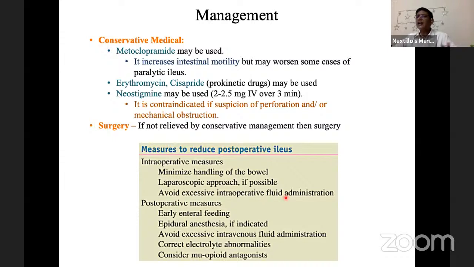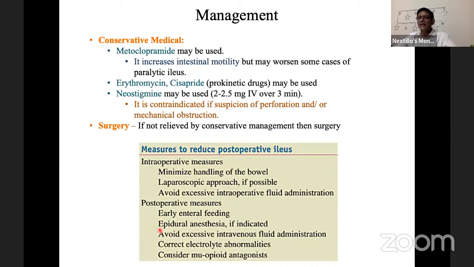Once the surgery has been done, post-surgery, what should be done is that as soon as possible, enteral feeding should be started. Remember, I told you that after surgery, as soon as possible, start the enteral feed, remove the RT. The earlier we start the enteral feed, more are the chances of peristalsis coming back earlier.